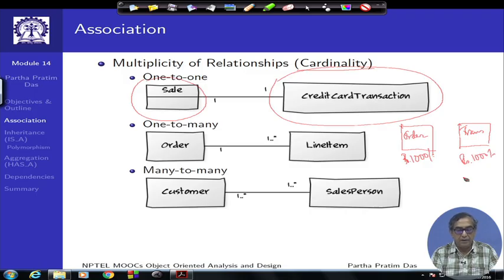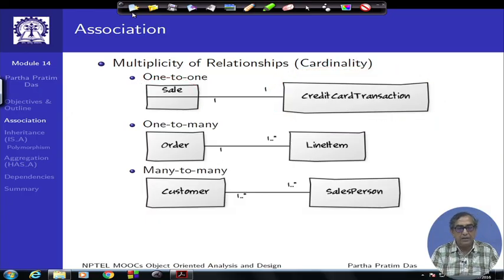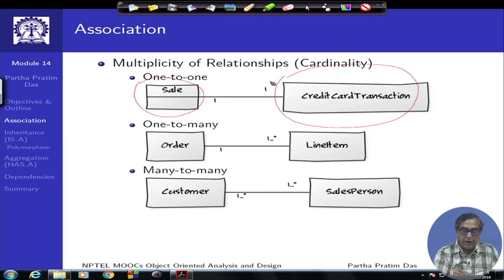For every credit card transaction there has to be a sell, and for every sell there has to be a credit card transaction. So, if this is the scenario, then we say that this is an association which is one to one, that is, one instance of this class will be associated with one unique instance of this class and vice versa.